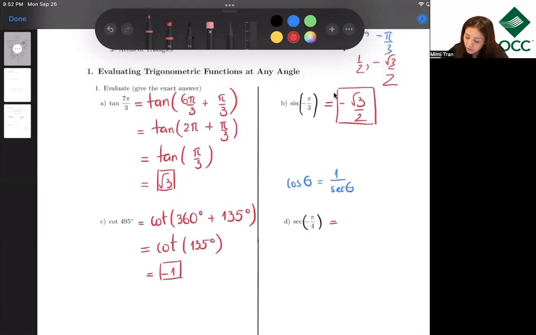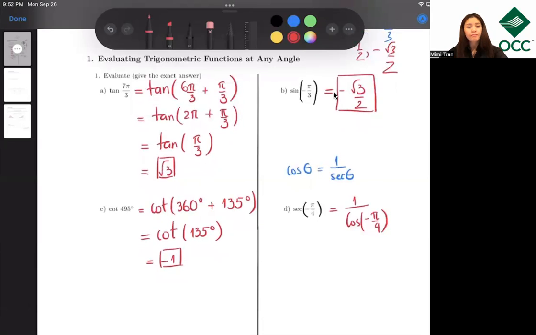Instead of secant of -pi/4, I can write it as 1 over cosine of -pi/4. So what is the cosine of -pi/4?